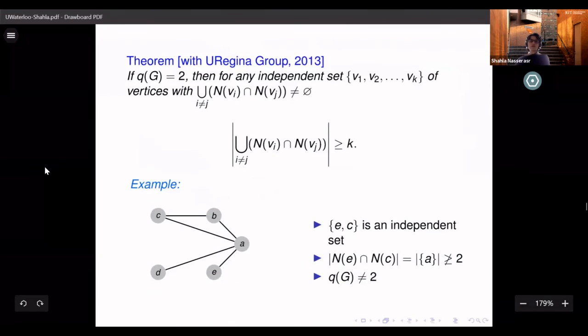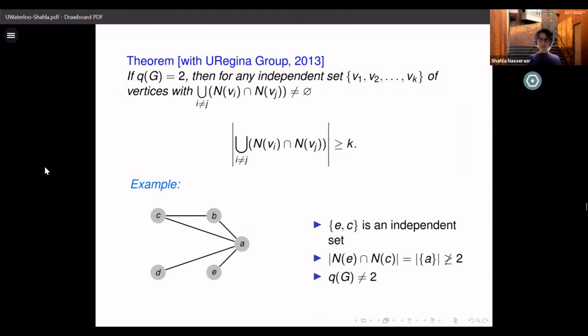So let me tell you a bit about the structure of graphs with Q equals 2 as much as we can. So if Q is 2, and if I take K vertices that are independent, we can show that the union of their pairwise common neighborhoods is either empty or it has at least K vertices.